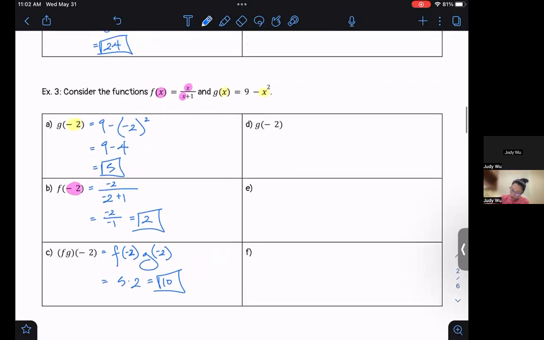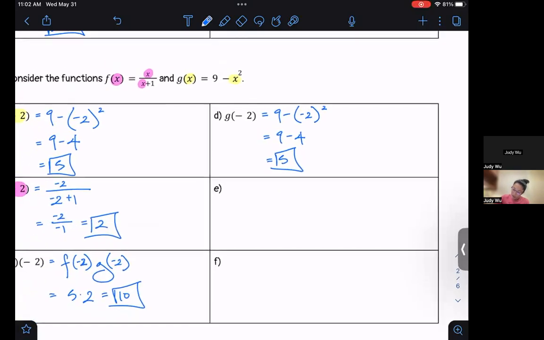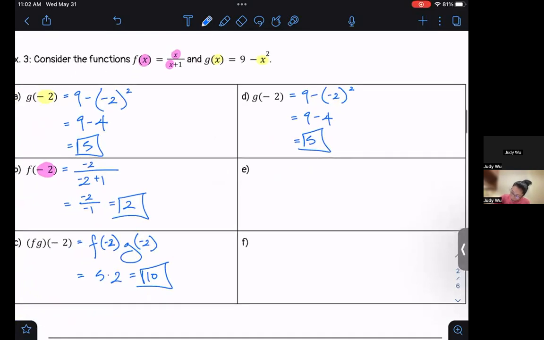All right. So part D, same thing. We are going to plug in that negative 2 into the g function. So 9 minus negative 2 squared equals 9 minus 4, and that gives us 5. But this time, instead of saying f of negative 2, I want to do f of the output here, f of 5.